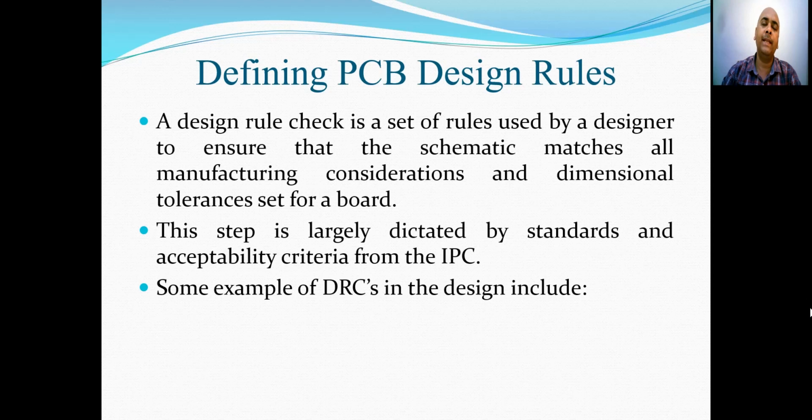Next step in printing the PCB is defining the PCB design rules. A design rule check is a set of rules used by a designer or manufacturer of PCB to ensure that the schematic matches all the manufacturing considerations and dimensional tolerances set for a board.